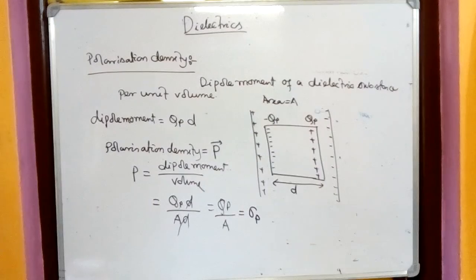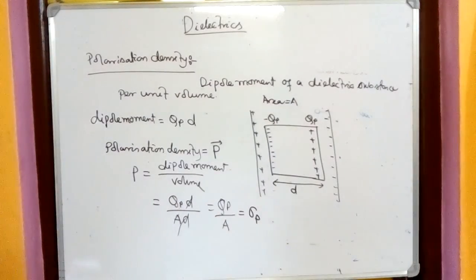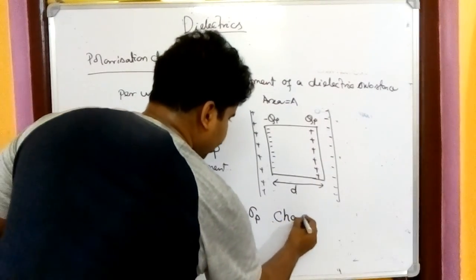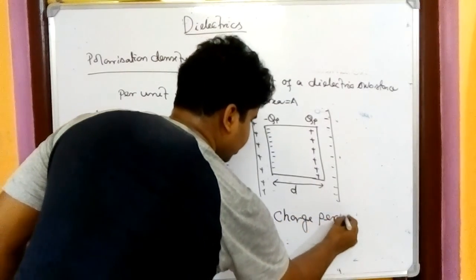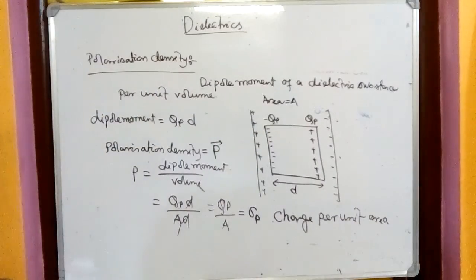So polarization density is equal to the charge per unit area of a dielectric substance.